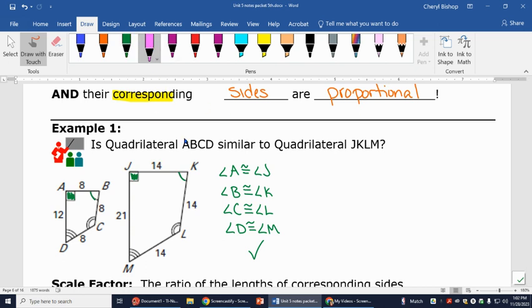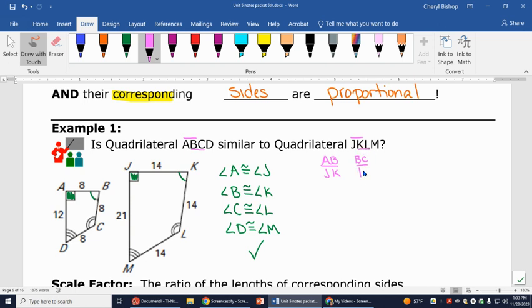Okay, so when I look at this side AB, I'm going to make it a ratio with its corresponding side. What's its corresponding side to AB? JK. And then I'm going to look at my next two letters. My next two letters are BC. What would BC correspond to?